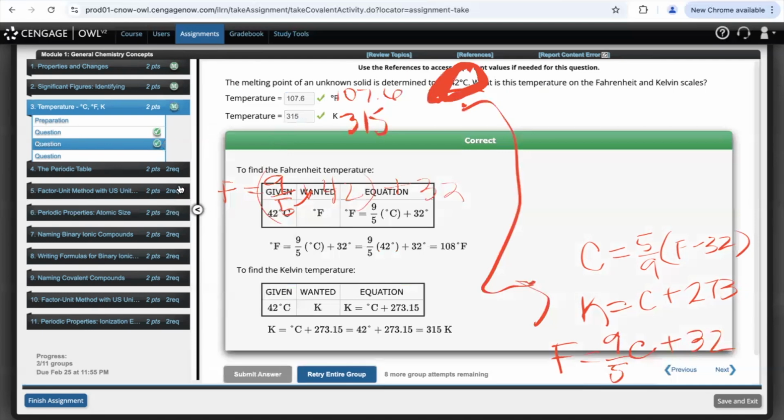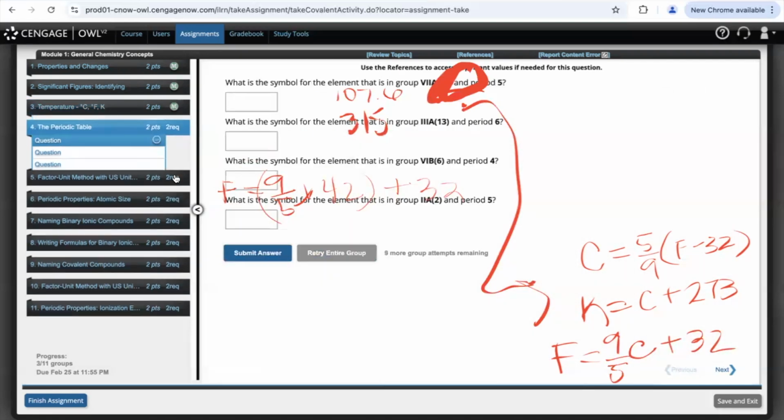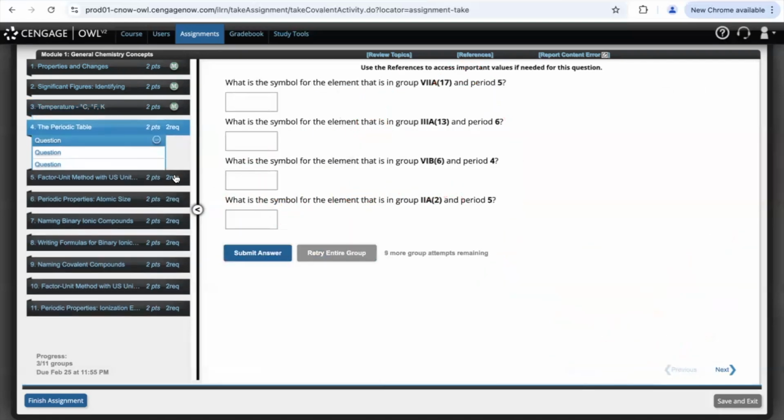All right, let's do an example for number 4. This one, you're just finding what the symbol of the element is on the periodic table, and you're given its group number. Ignore these Roman numerals, so it's group 17 and period 5.